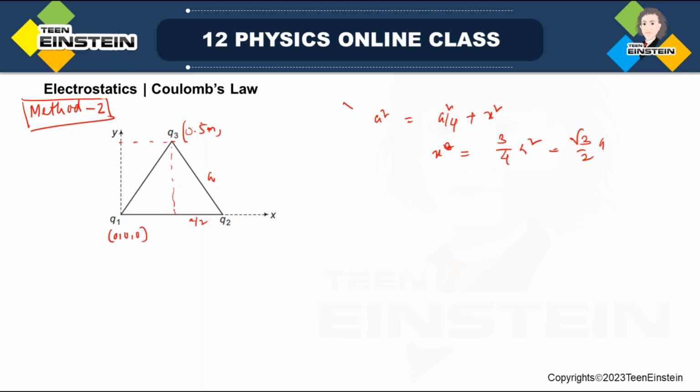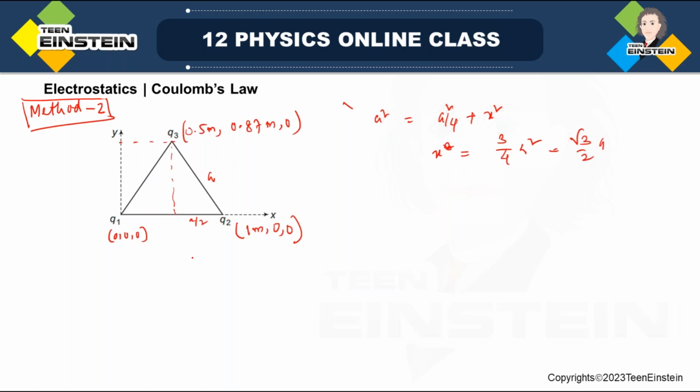So this height can be found out, and that is what we have calculated, and z is 0. Suppose this is in the xy plane, and this has y coordinate 0, x coordinate 1 meter, and z coordinate also 0.